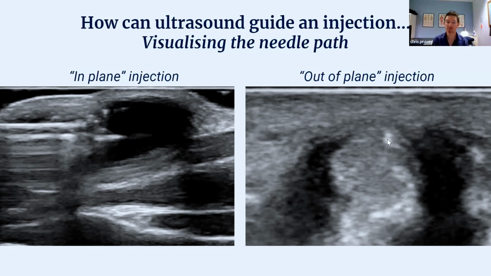That is the needle tip. It depends what we're trying to inject, but essentially it's a real-time thing. I'm holding the scanner still, and I'm guiding the needle into where we're targeting with an injection. I hope that makes sense.